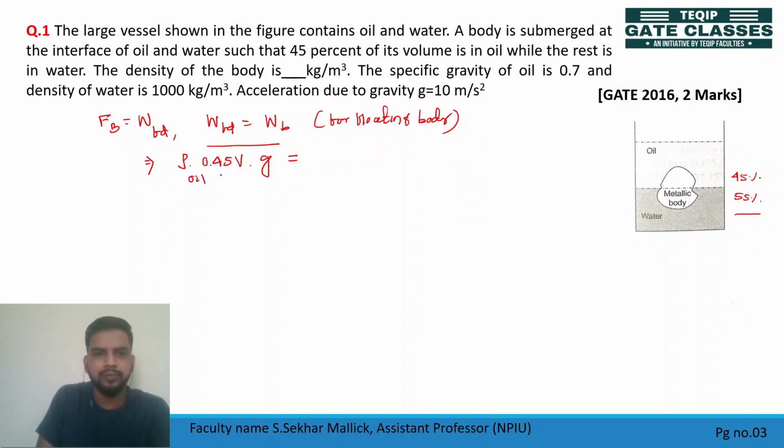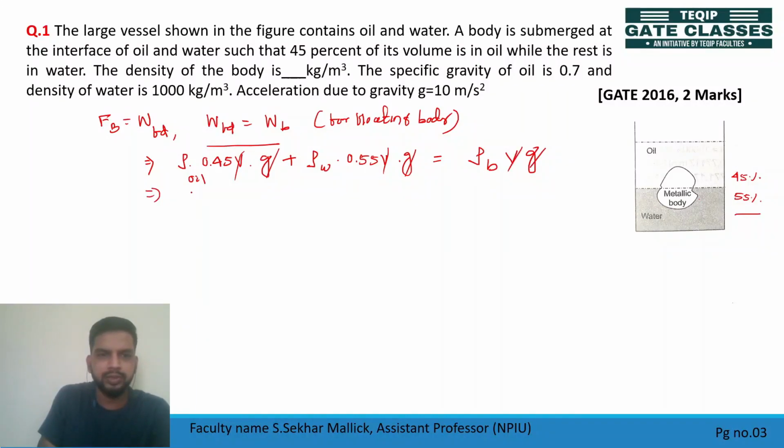This is rho of oil. Plus rho of water into 0.55 of V, 55% of volume, into g. So total weight of fluid displaced is this much, equal to weight of body. What is weight of body? Density of body, then volume of body, then g. So can I cancel out common terms Vg, Vg and Vg?